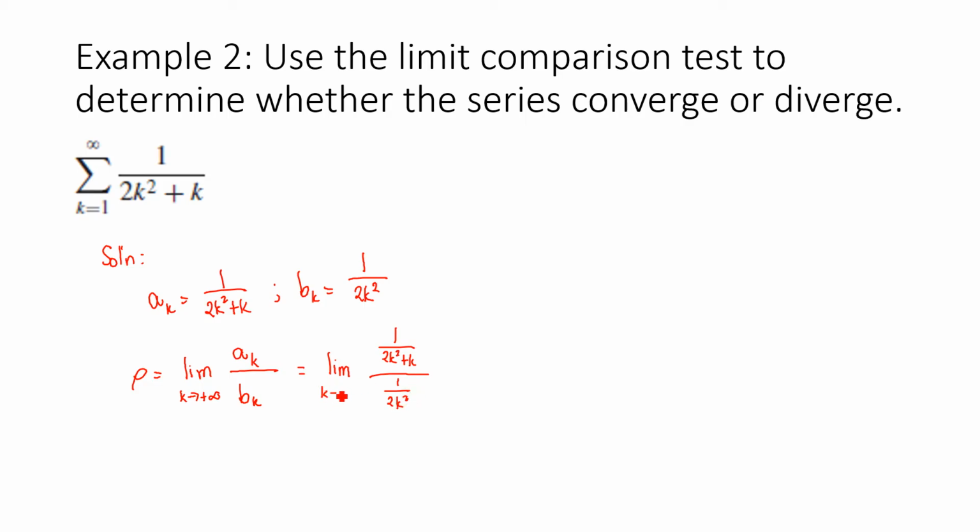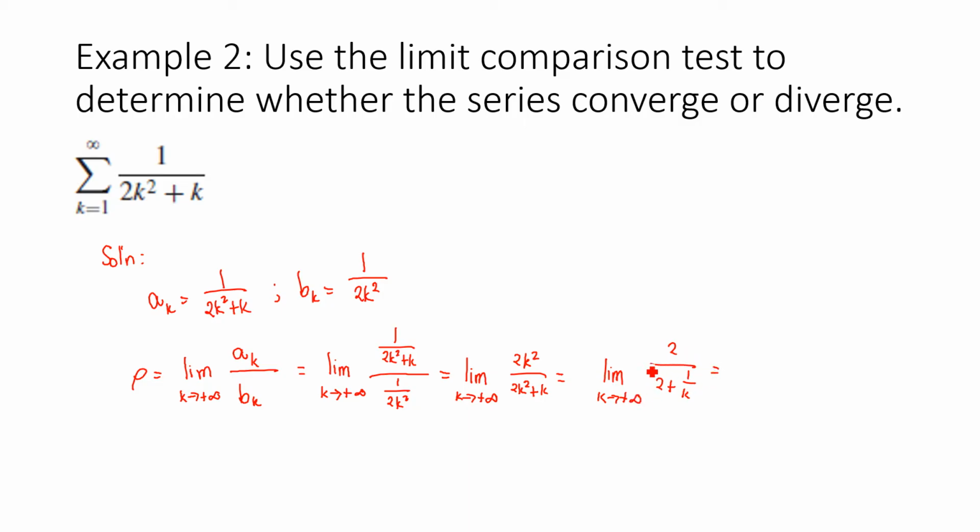This is simply the limit of 2k squared over 2k squared plus k, which, if we divide the numerator and denominator by k, becomes the limit of 2 over 2 plus 1 over k as k approaches positive infinity.